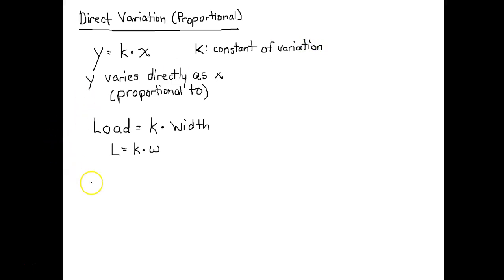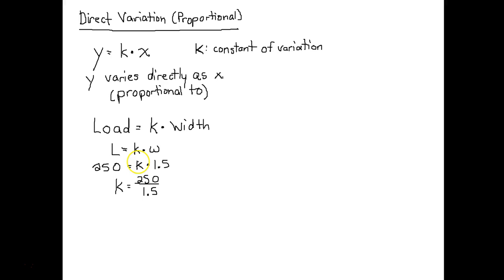All right, so in this one they said a beam that can carry a load of 250 pounds. That beam has a width of 1.5 inches. Okay, so knowing that, we can plug in those pieces of information into the equation and solve for K. Figure out what the constant of variation is.